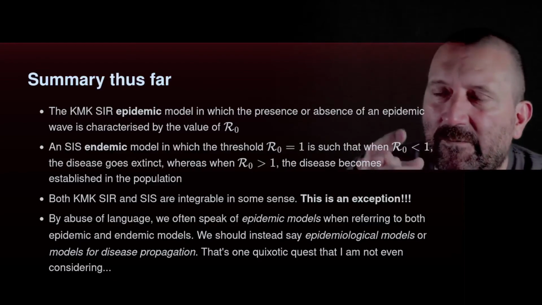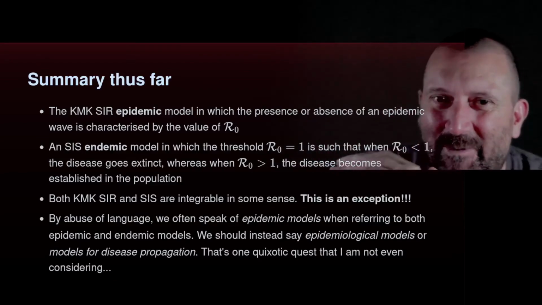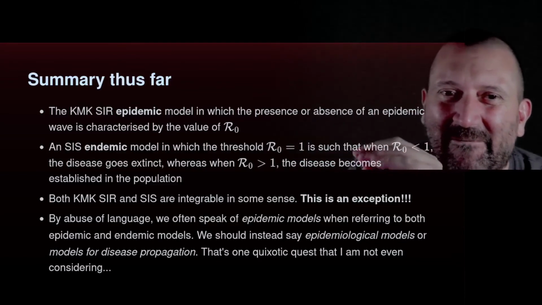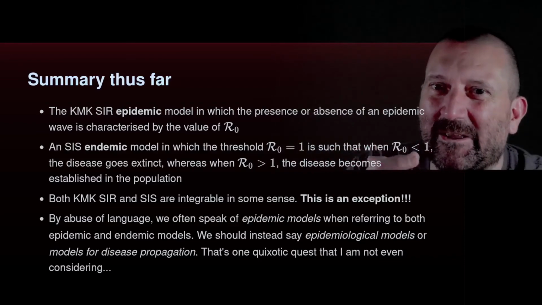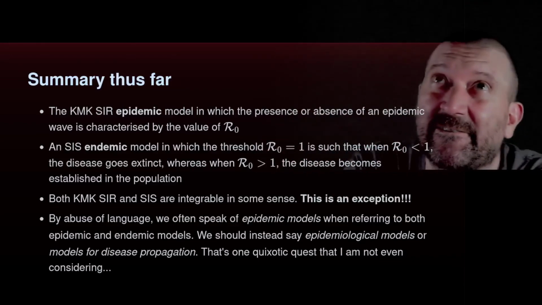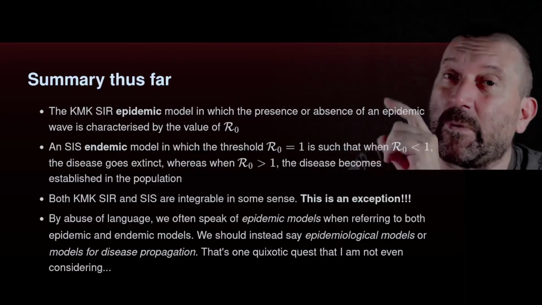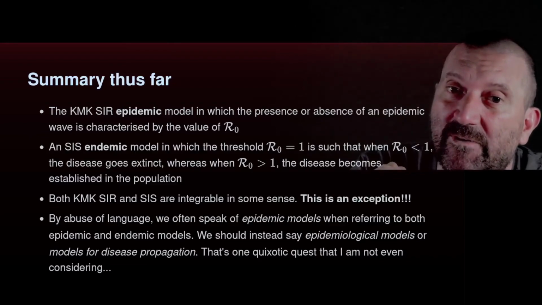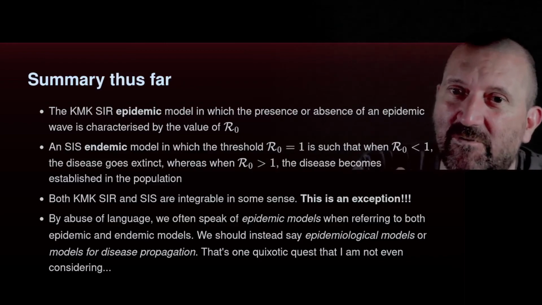So where have we got to this far? I'm almost done. We've got about 3 minutes left, or 5 minutes left. So we saw the Kermack and McKendrick model, and in that one, the main question was, do we have an epidemic or not? That was, do we have an increase in the number of infectious? That happened when R0 was larger than 1.